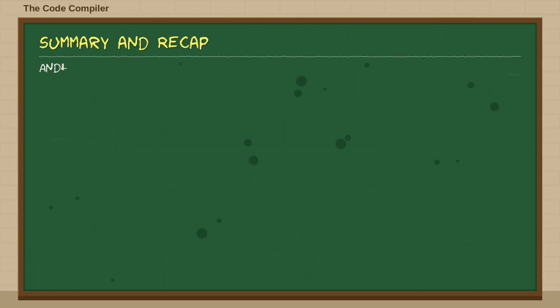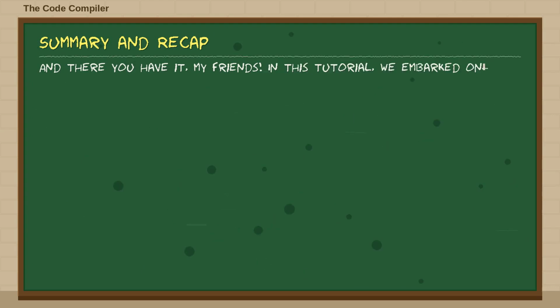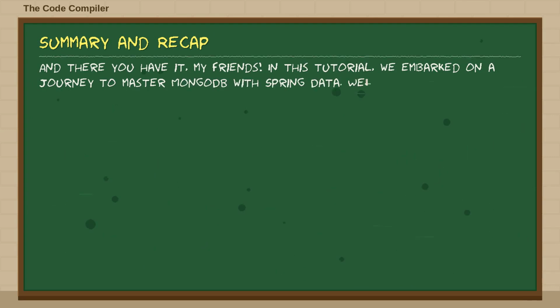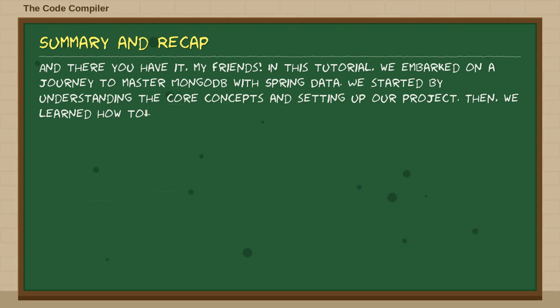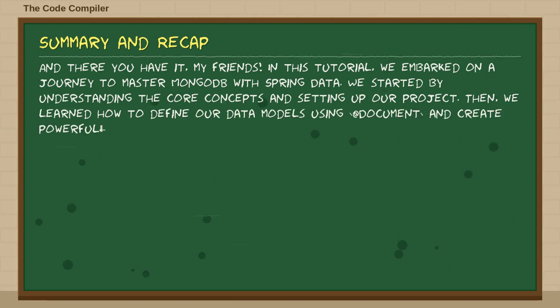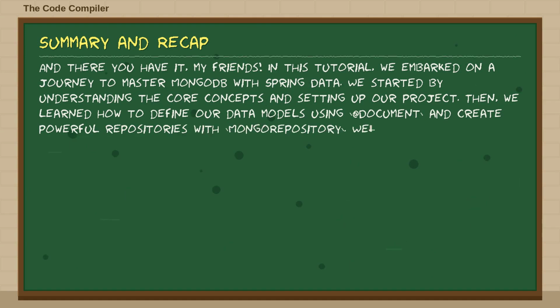And there you have it, my friends. In this tutorial, we embarked on a journey to master MongoDB with Spring Data. We started by understanding the core concepts and setting up our project. Then, we learned how to define our data models using @Document and create powerful repositories with MongoRepository.